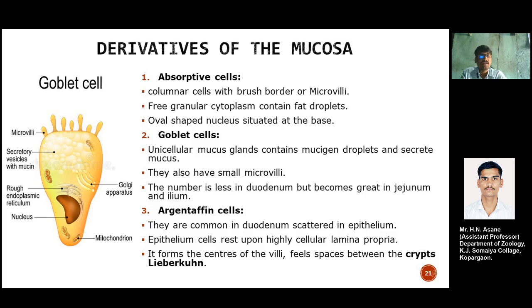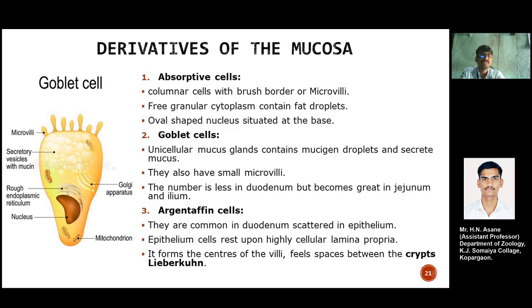Then it has the Golgi apparatus and the rough endoplasmic reticulum, and the nucleus situated at the base. The mitochondria, the powerhouse of the cell, are also present in the goblet cell. So all the organelles are also present in the goblet cell.